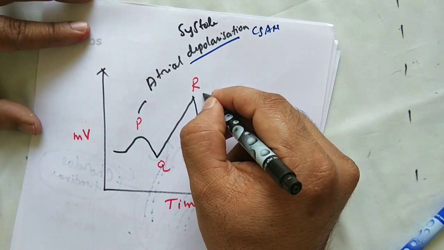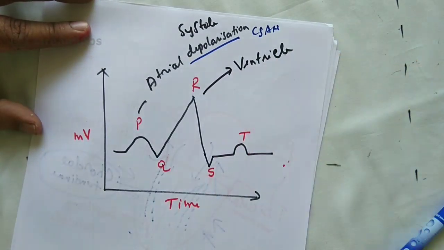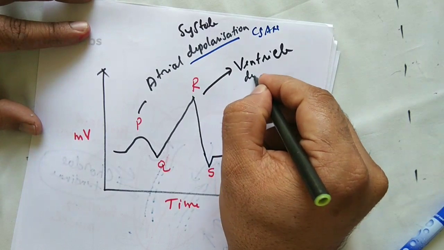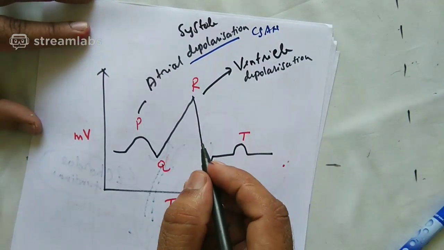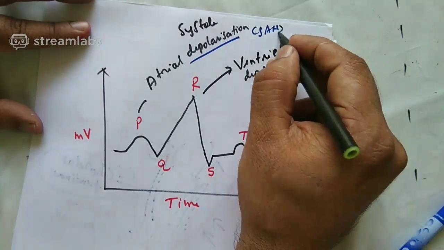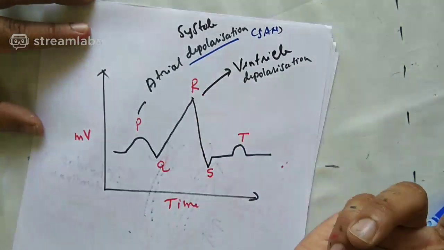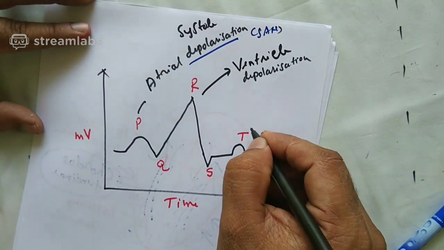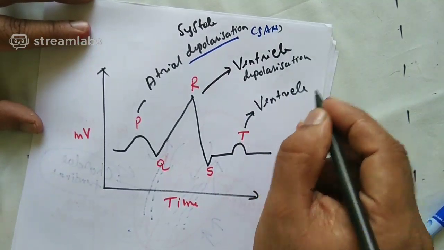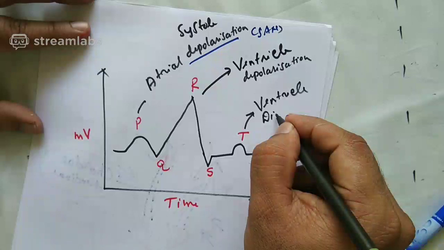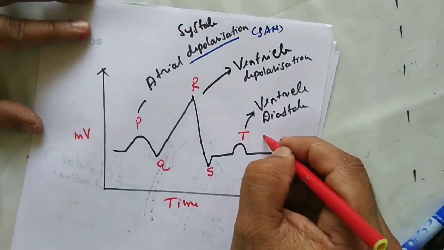The QRS complex is regarding the ventricle. It's ventricular depolarization. That means the ventricle is getting contracted, preferably by Purkinje fibers, and because of it, it is called QRS. What is T then? T is the ventricular diastole. The ventricular diastole is also called ventricular repolarization.